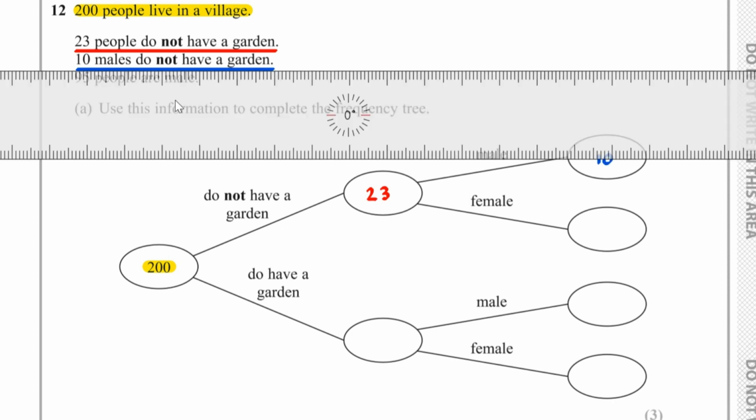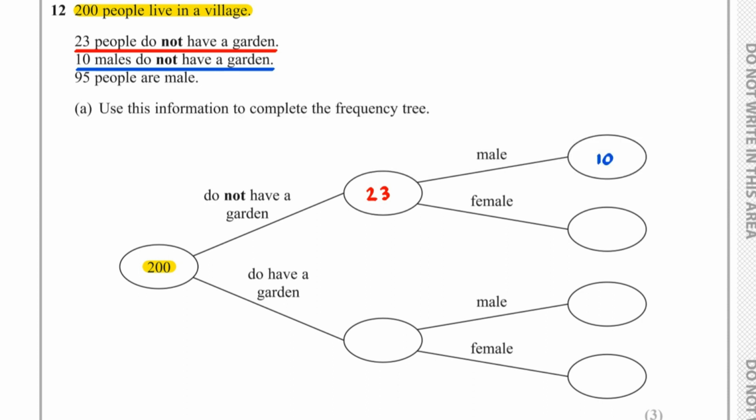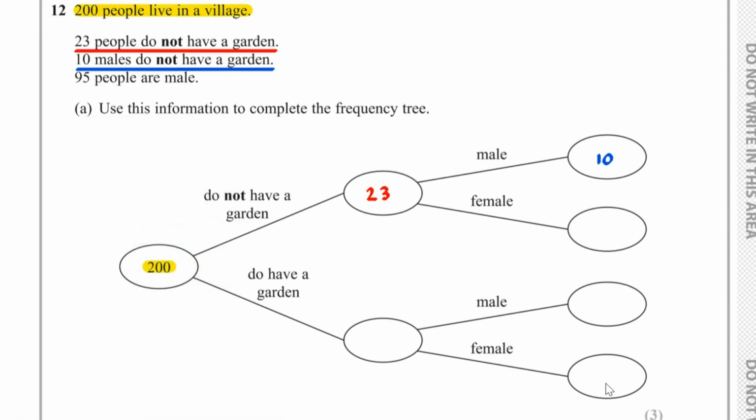And then we know that altogether 95 people are male. So 95 take away 10, that is 85. So we have 85 over here. And if I add together 85 and the 10, then we get the 95 people altogether who are male.